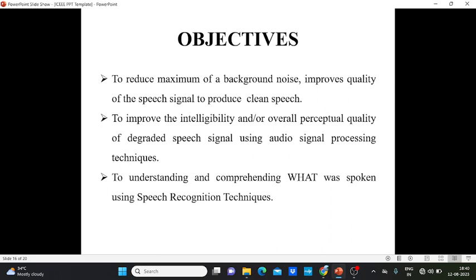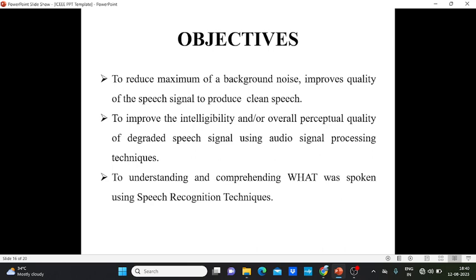So from the literature review, I got some objectives. To reduce the maximum of the background noise, which means improving the quality of the speech signal, and improving the intelligibility and overall perceptual quality of the degraded speech signal using audio signal processing, and understanding and comprehending what was spoken using speech recognition techniques.